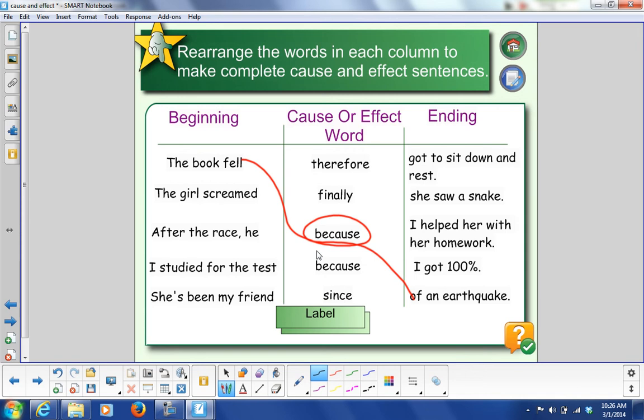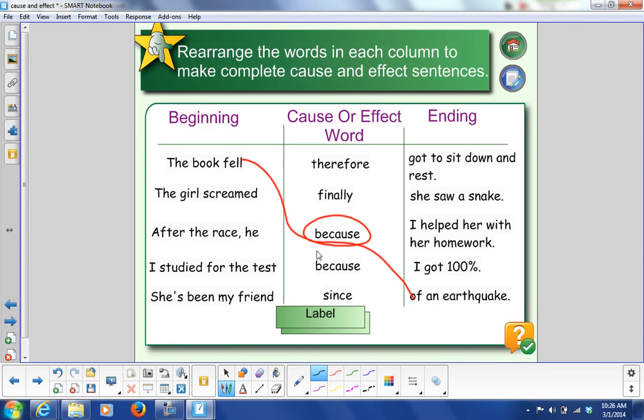How about the girl screamed? What would happen if a girl screamed? Or what could make her scream? Remember, it doesn't go cause and then an effect. It could go an effect and then a cause. Just like the book fell was an effect. The cause was an earthquake. Okay, so the girl screamed because she got to sit down and rest? Probably not.